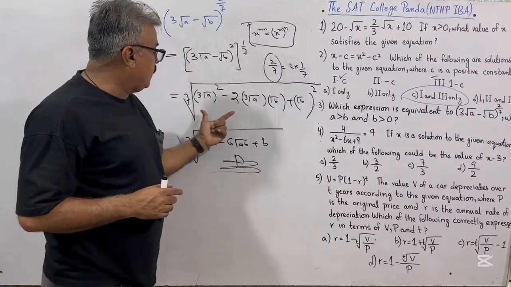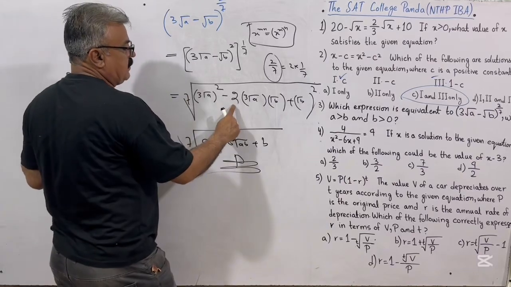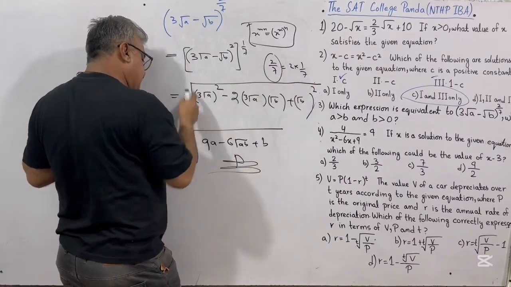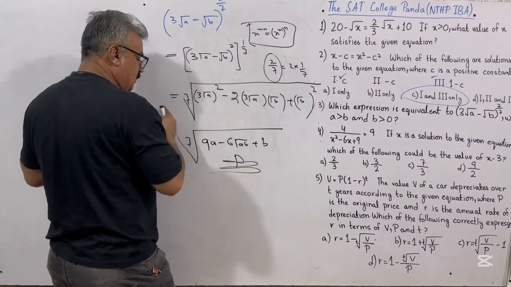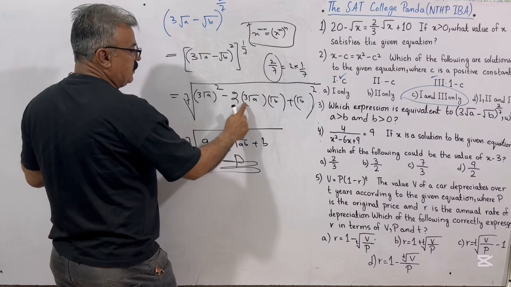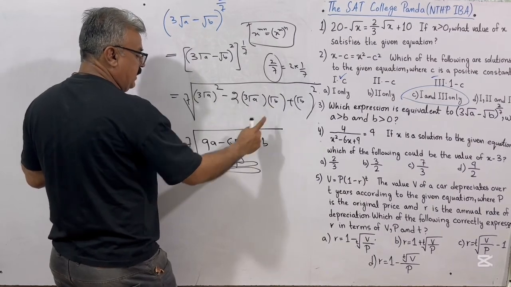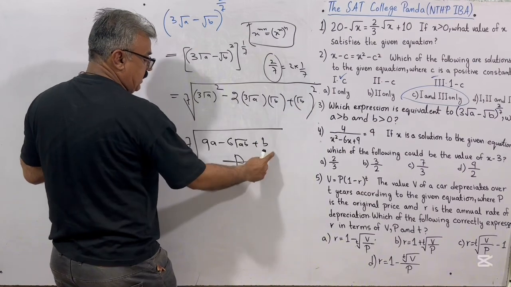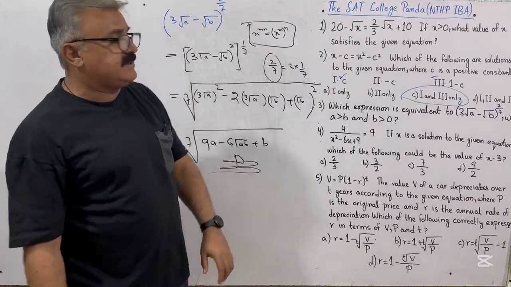Apply the perfect square formula. A square minus twice first into second plus square of second. 1 over 7 means 7th root. Square of 3, 9. Square of root a, only a. 2 times 3 times root a times root b, it will be 6 times root ab. Square of root b is merely b. That's our answer.